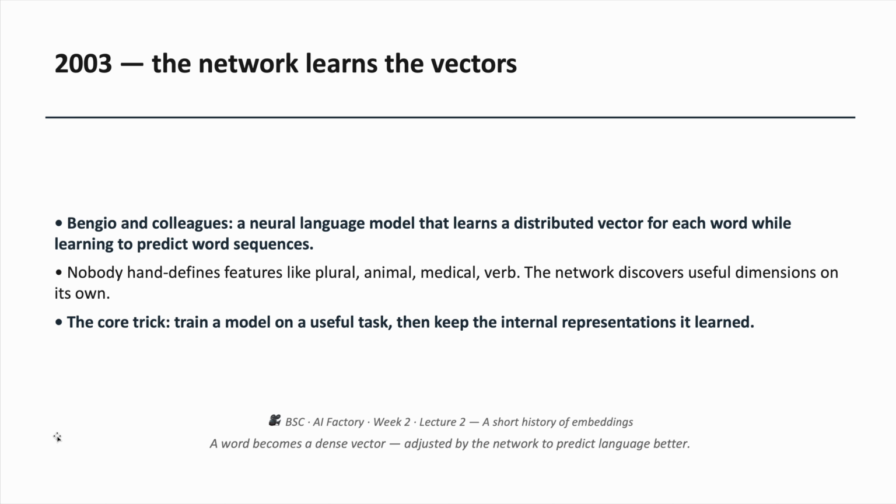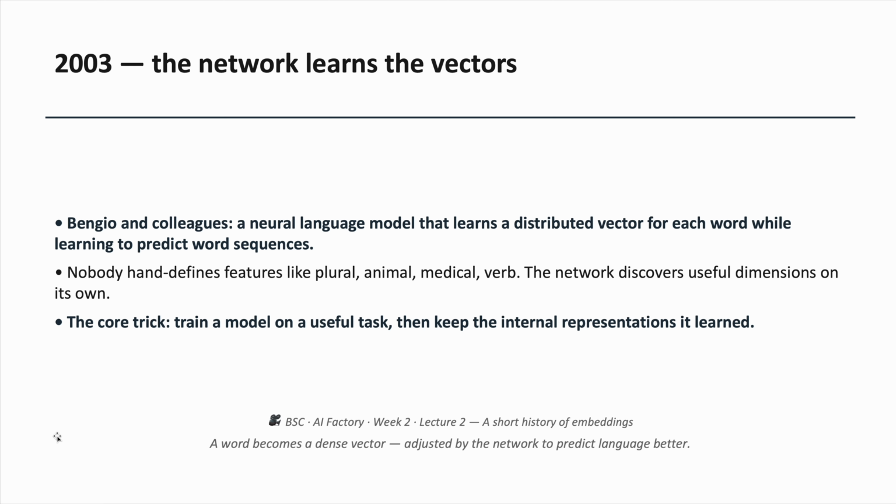So in 2003, we see a new advance in this idea. In this case, instead of big matrices, they use neural networks in a neural language. And the idea is that the neural network inferred the dimensions automatically, without nobody defining the features.